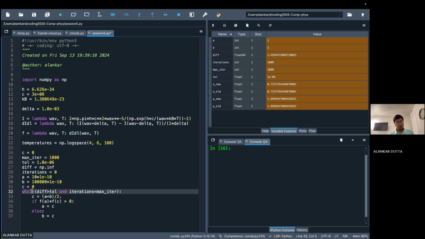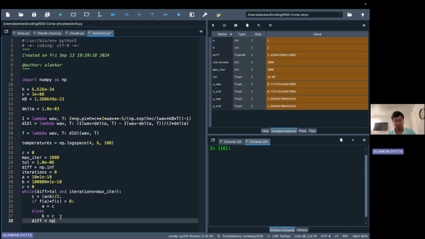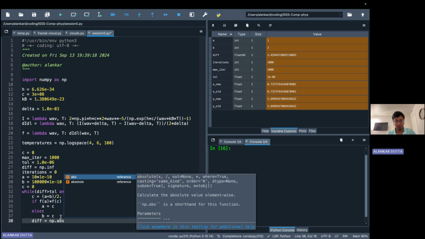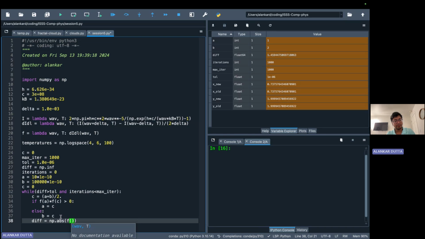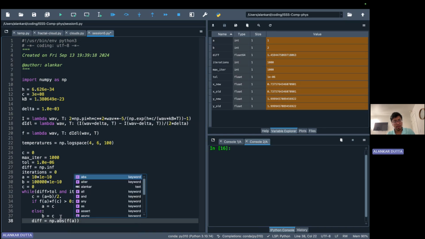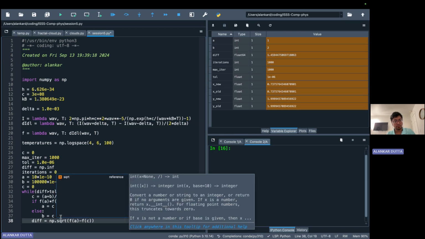And we will keep on doing this. And we now calculate the diff here, which is np dot absolute value of f of A minus f of C. Again, I think we can do a square root in here because we have two things to compare.